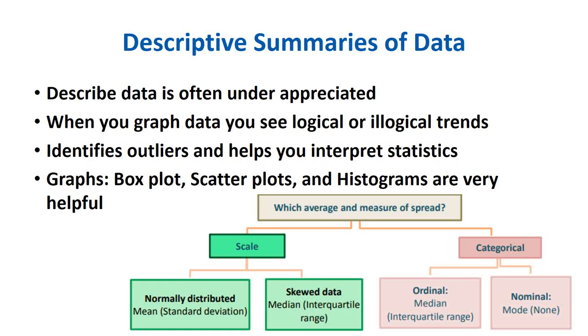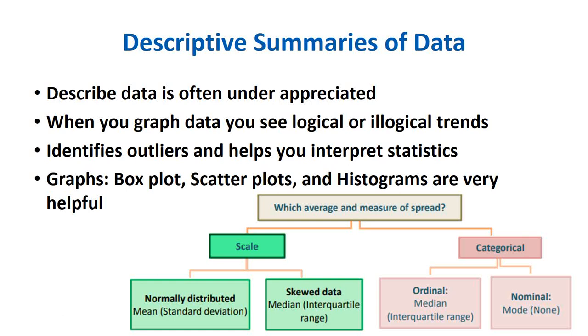One of the big advantages of graphing out your data is that you see logical or illogical trends. This helps you identify outliers. It also helps you understand and interpret your statistics. The way I try to explain this to students is, if you look at your data and see what your data is doing, does it make sense? Are you seeing what you expect to see?